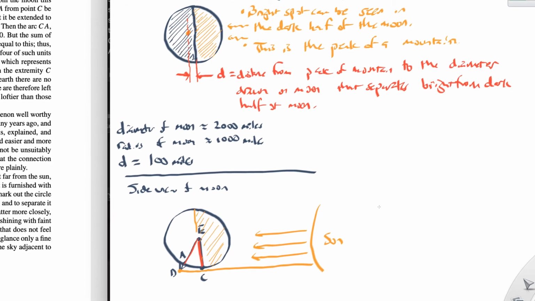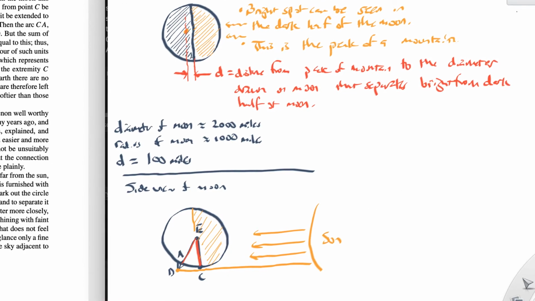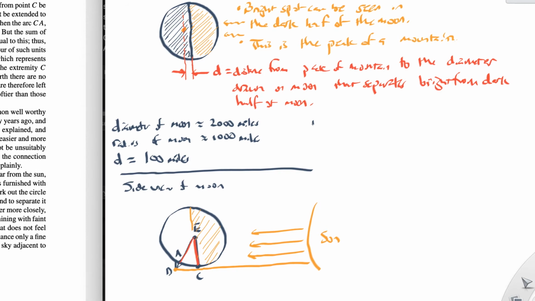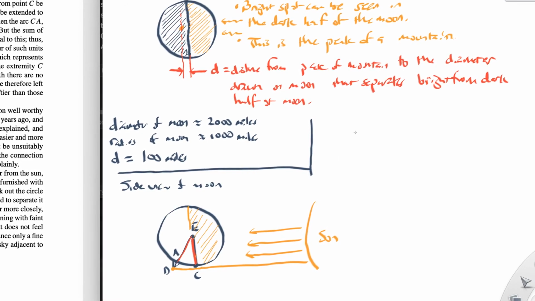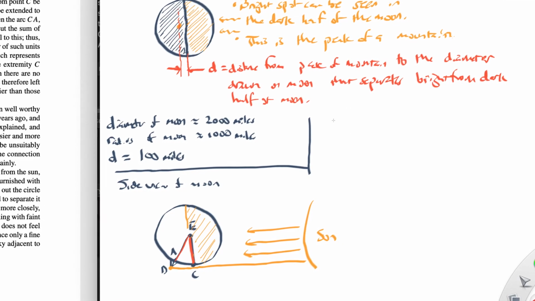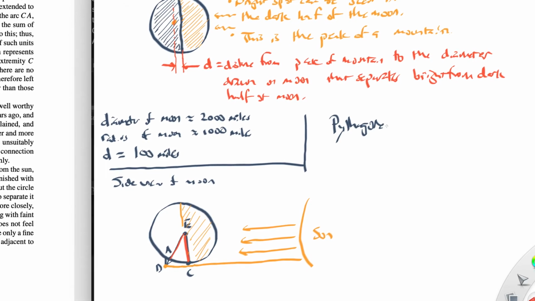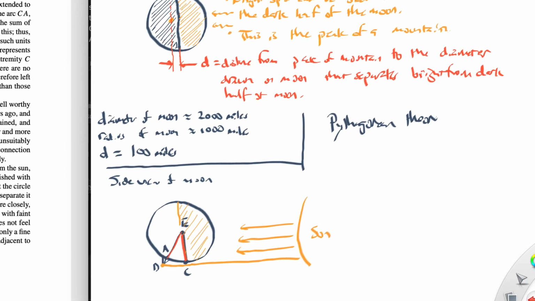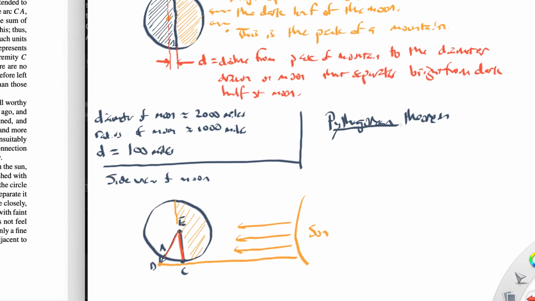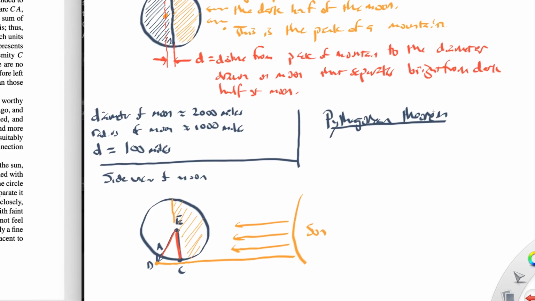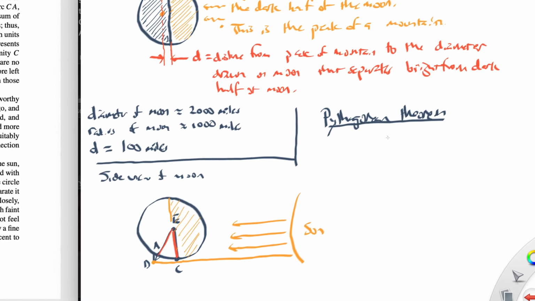And now we're going to use the properties of that triangle to determine how high that mountain is. Specifically, we're going to use the Pythagorean theorem. We've come across the Pythagoreans a number of times in this class, and we're actually going to use the mathematical formula that's named after them right now.